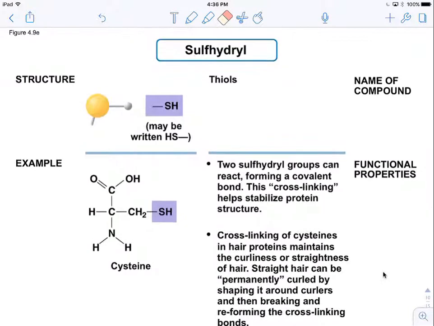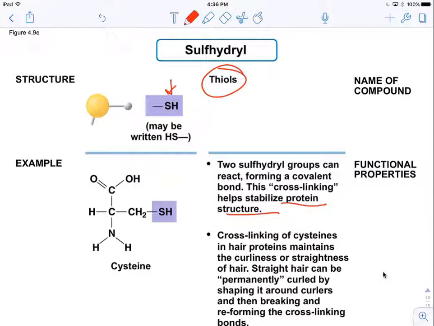Sulfhydryl. All right, sulfhydryl groups really have to do with higher order protein structure. And protein structure is going to be your best friend very soon. Okay, so sulfhydryl groups, you have a sulfur molecule and a hydrogen. These are your thiols.